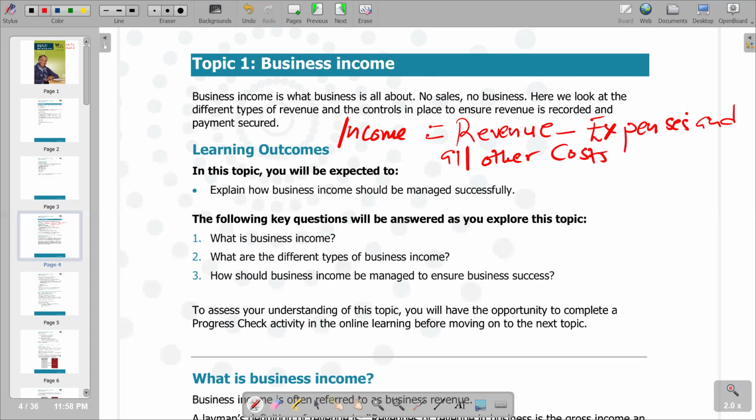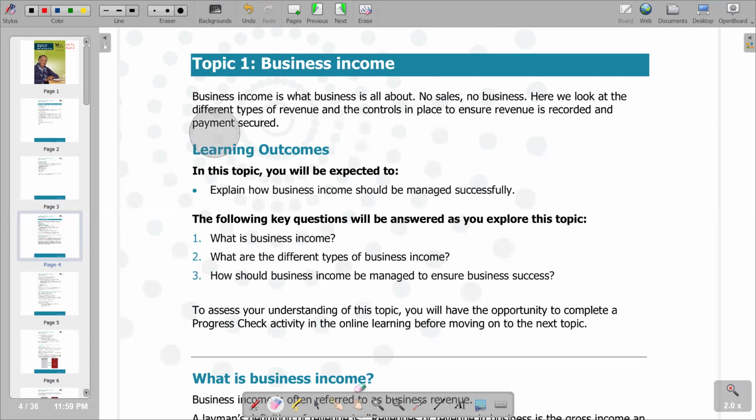Revenue is the earnings before we deduct expenses and costs, and income is the net that we have after deducting expenses and costs from our revenue. This makes it clear. But within the context of this video, we are going to regard income as revenue.